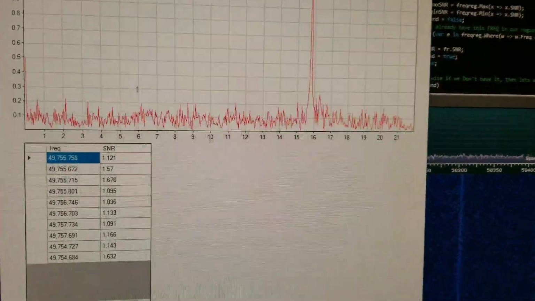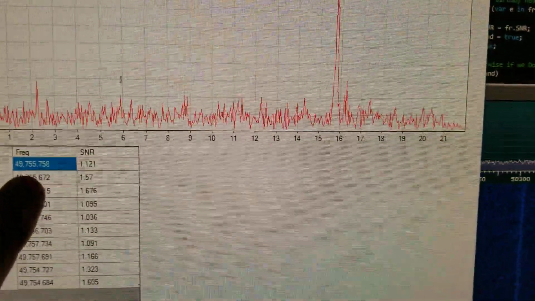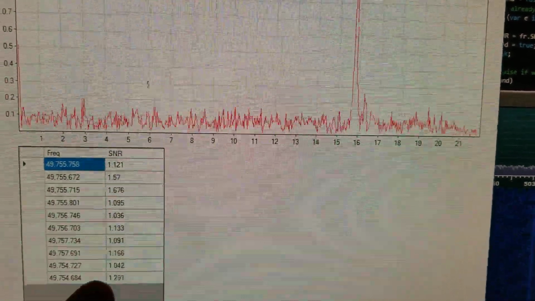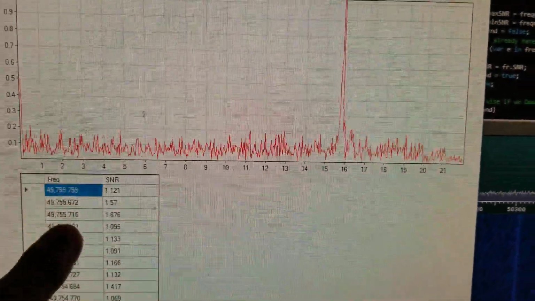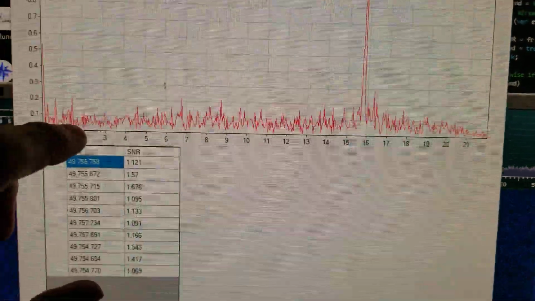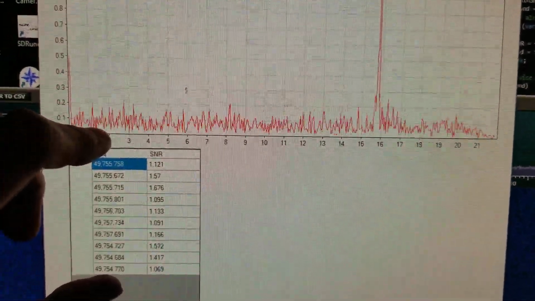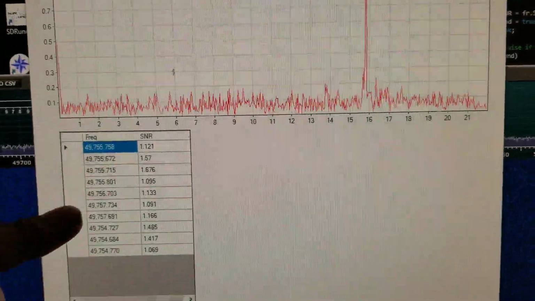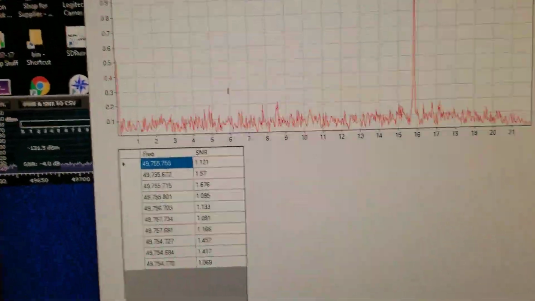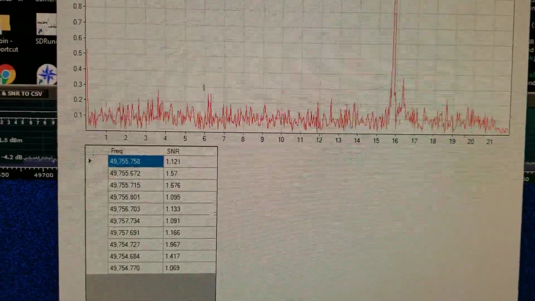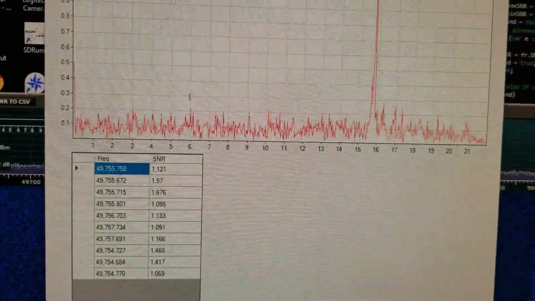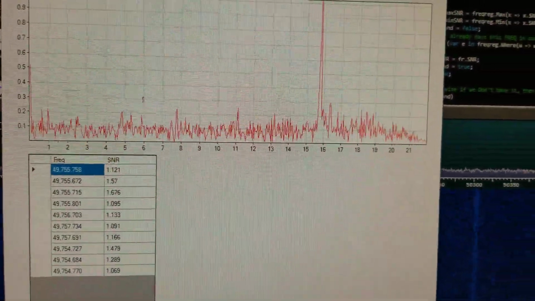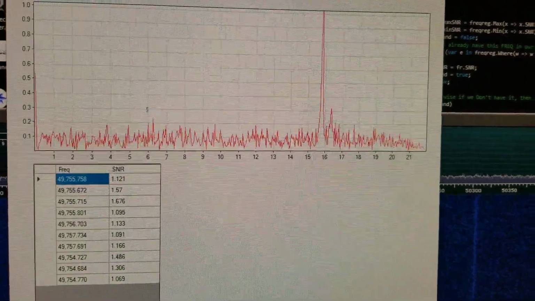Okay. Now see, as it simulated a new carrier coming up, it added more rows, and it'll add up to 10 right now. It's not going to add more than that. And like I said before, it'll kick the lowest one out in order to enter the next one in. So I'll do this again a few more times.